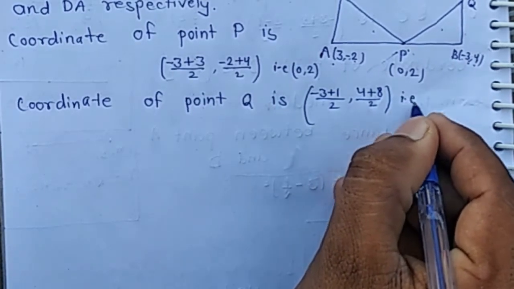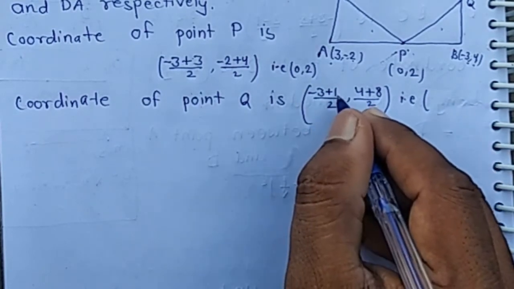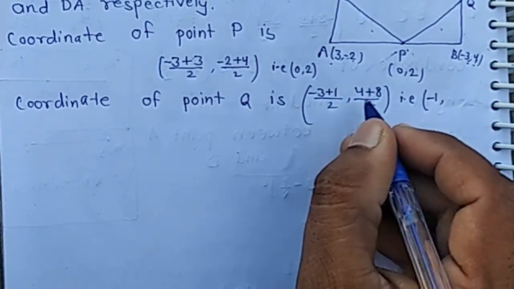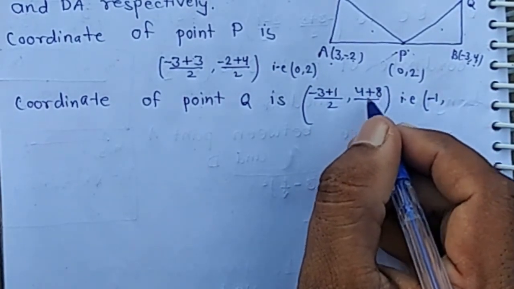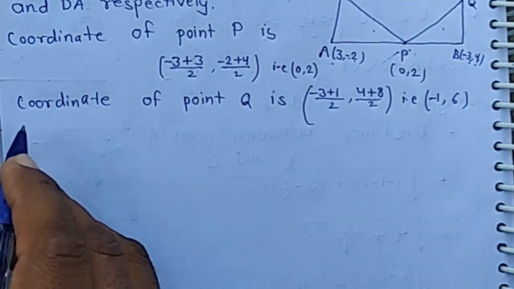That is -2 by 2, which is -1, and 12 by 2, which is 6. It is point Q (-1, 6).